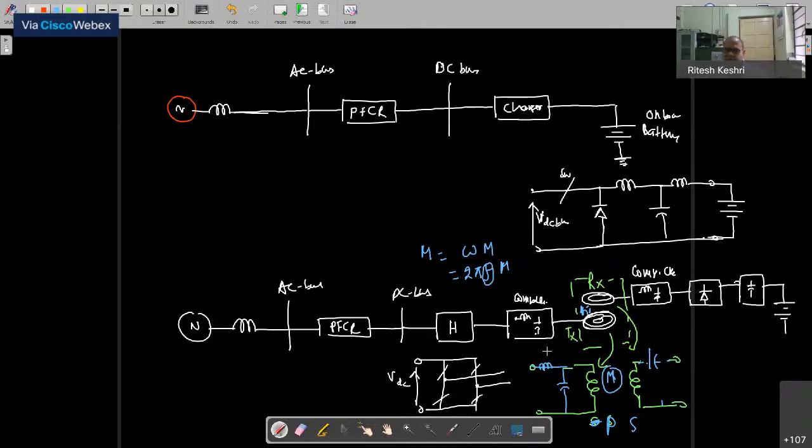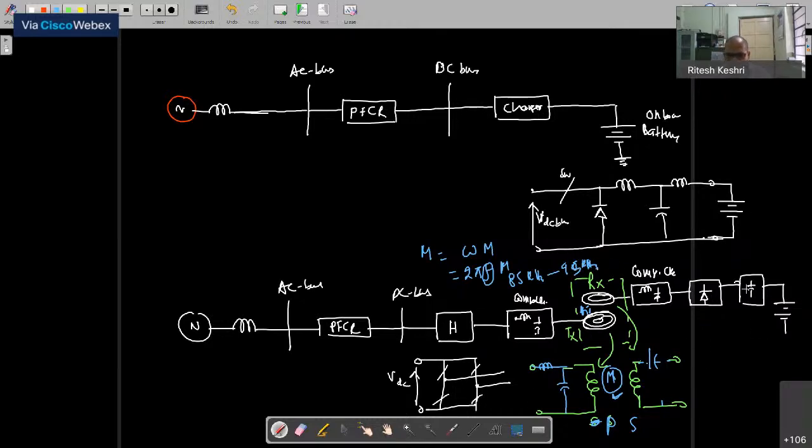So when we work with wireless power transmission, we operate at very high frequency. Why? Because if you keep the frequency high, you automatically improve the mutual impedance. Here the frequency of operation will be very high compared to conductive charging, maybe 85 kilohertz to 90 kilohertz, sometimes 95 kilohertz as per the standard.